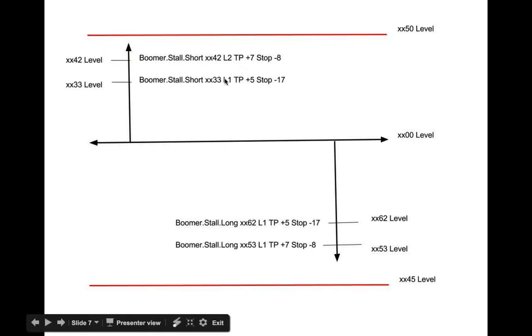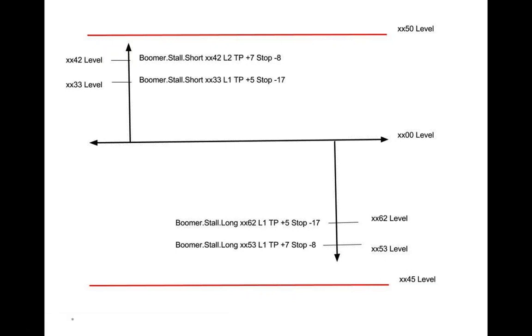If it comes back down to 35, we're resolved, great. And if it just keeps on going, we stop ourselves out at the 50 level. Okay? So let me just stop here. Is that visually clear to everybody on the boomer stall strategy? Somebody give me a yes or no in the box just to make sure that everybody's listening and you guys understand.